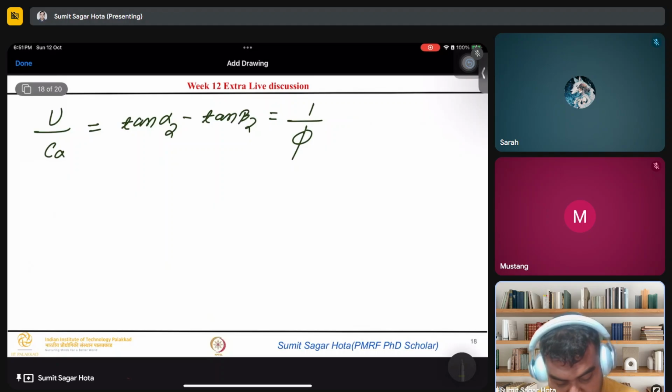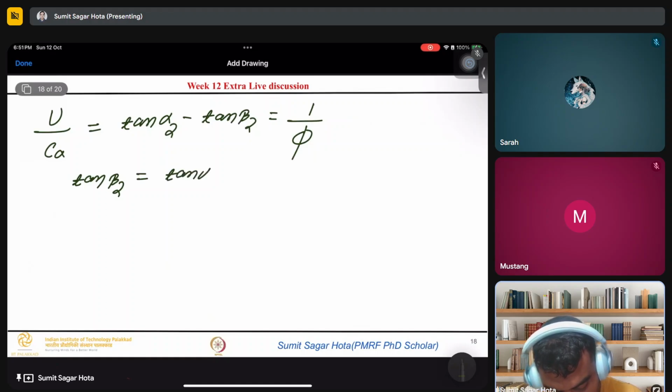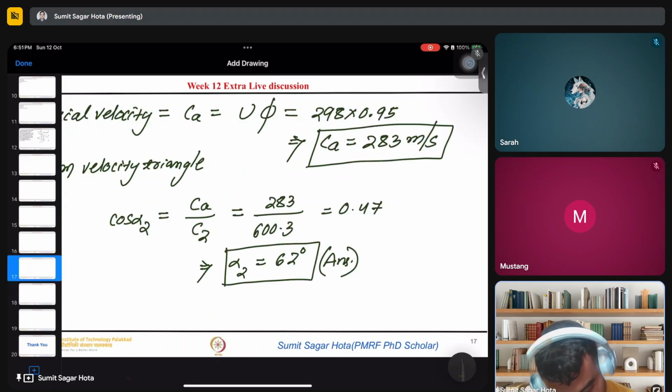Because we need beta 2 anyway, tan beta 2 is equal to tan alpha 2 minus 1 by 5. Alpha 2 we already know, and phi is already given in the question, 0.95.